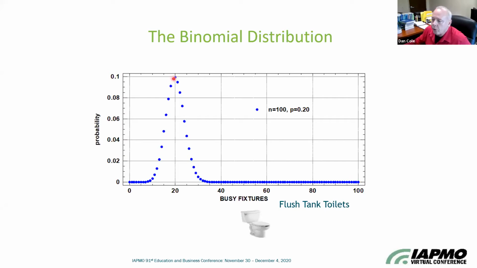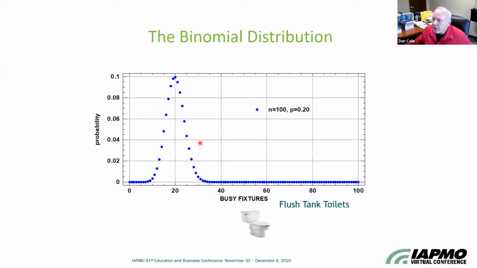If we look at the median, it shows us that this high point is the 50th percentile, which means that 50% of the distribution is on one side, 50% of the distribution is on the other side, not counting the tails.